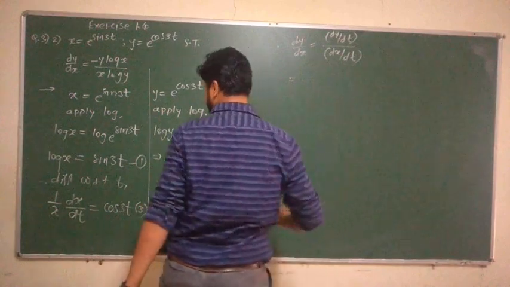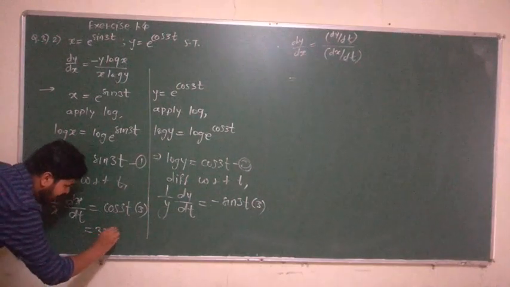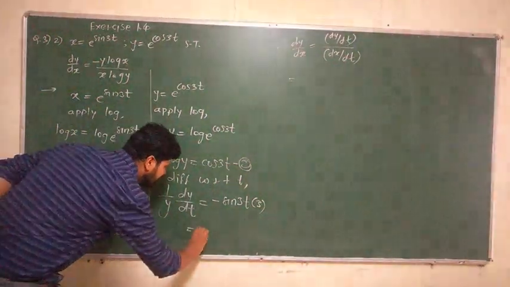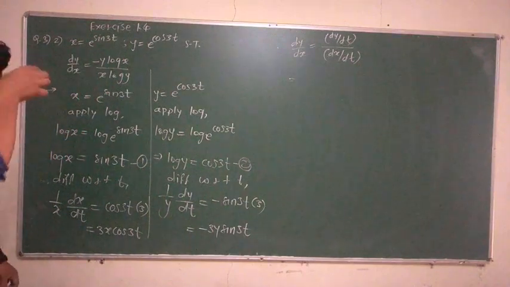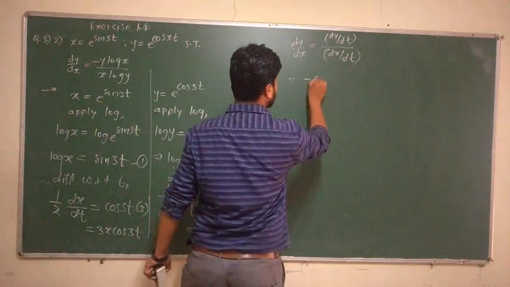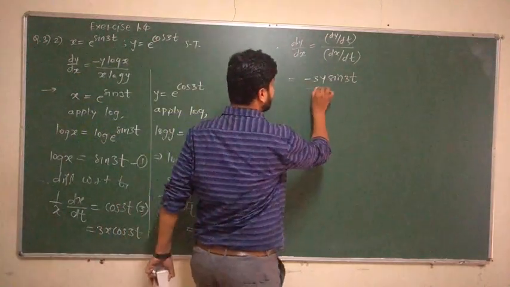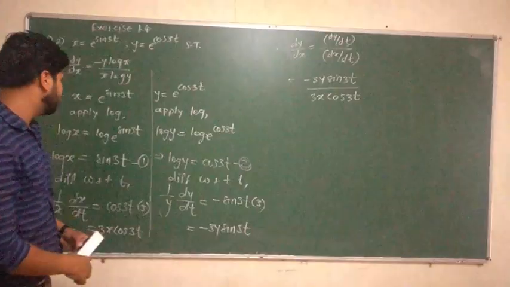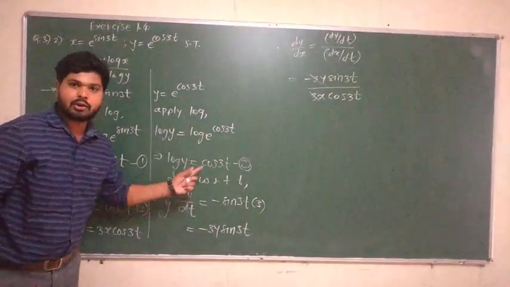So dx by dt is equal to 3x cos 3t, and dy by dt is equal to minus 3y sin 3t. Here this 3 gets cancelled.